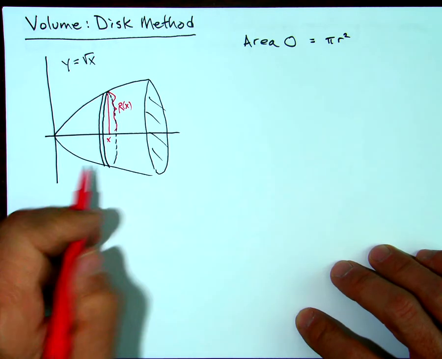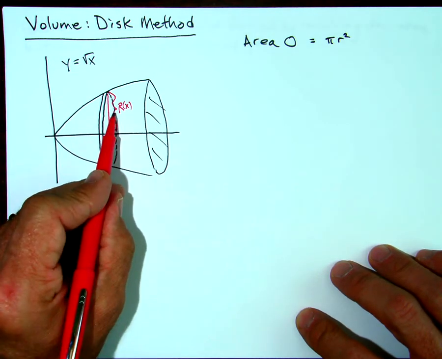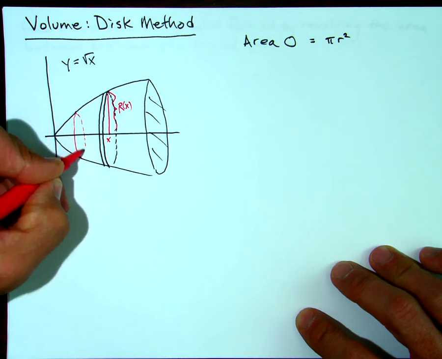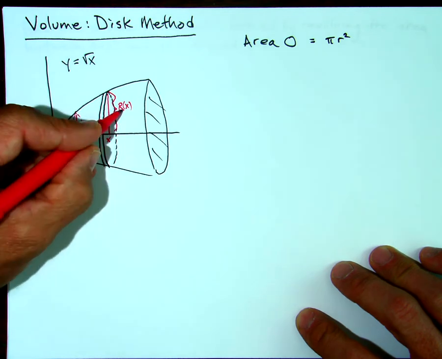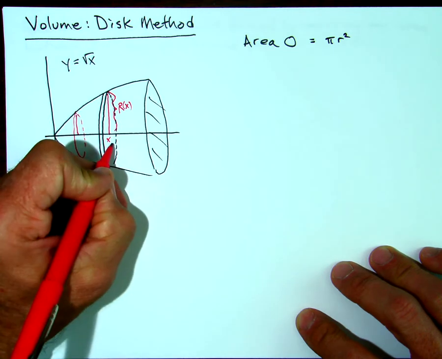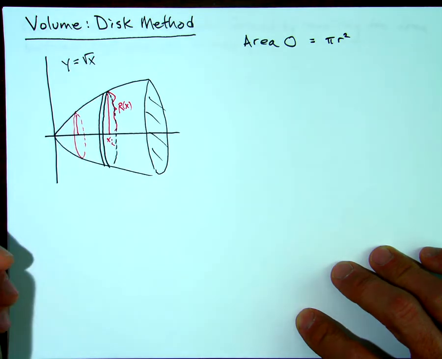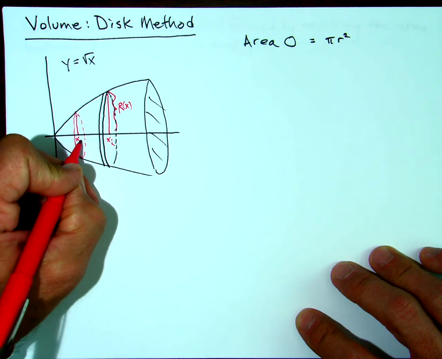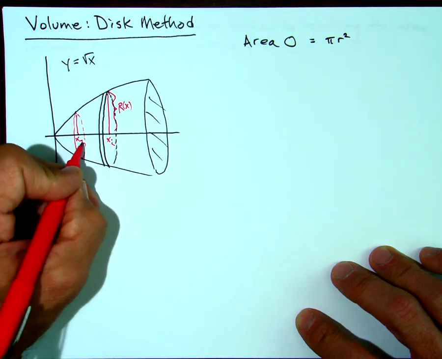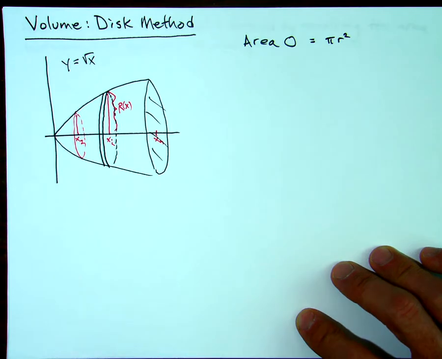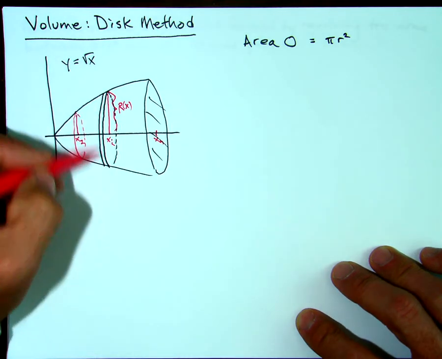Because notice that if I drew another disk down here, this radius would actually be smaller than this one. So it's a function of x. We might call this x sub i, because it's different than this one, which might be, maybe, x sub 2. We'd have an x sub 1, an x sub 2, and keep on going, and up here we'd have x sub n, right?